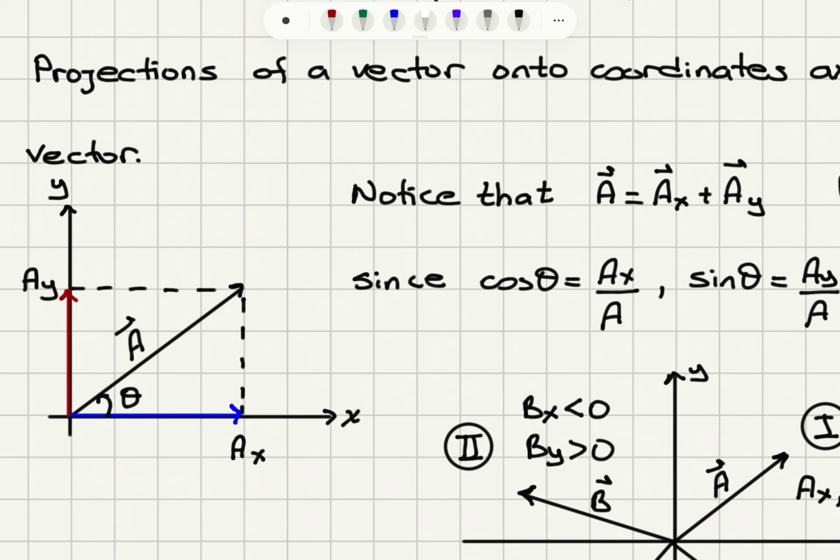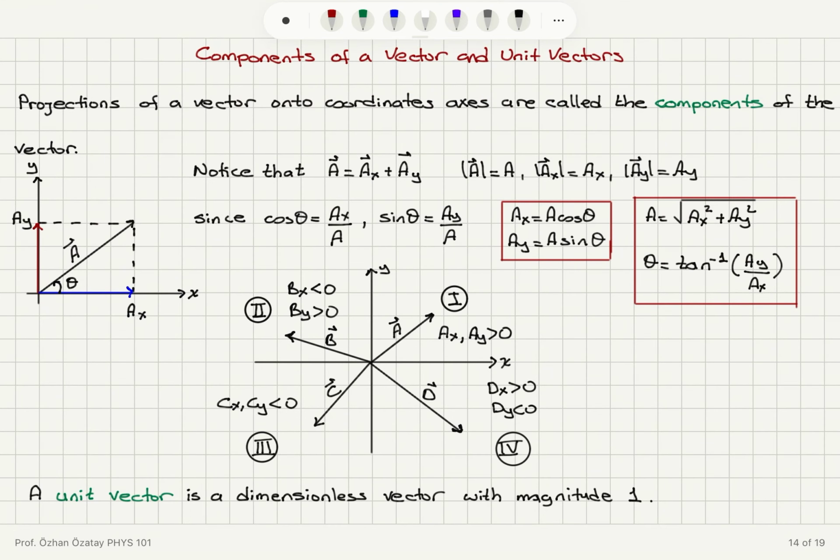A vector that points from the origin to the point AY is the AY vector, and that points from origin to point AX is the AX vector. So we can write this A vector as the sum of AX vector plus AY vector. So if with head-to-tail method we connect these, we see that we're going to get the vector A.